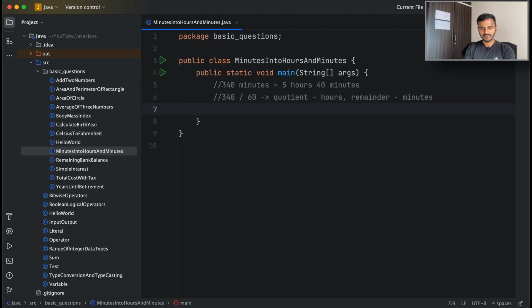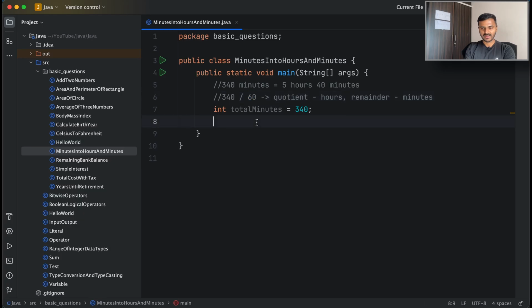So what we have to do is take only one input, which is the number of minutes. So we can say int totalMinutes equals 340. Then we need to divide 340 by 60. And no matter what the value of total minutes is, it will always be divided by 60.